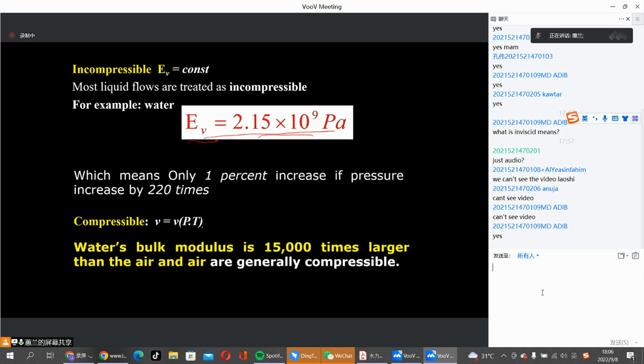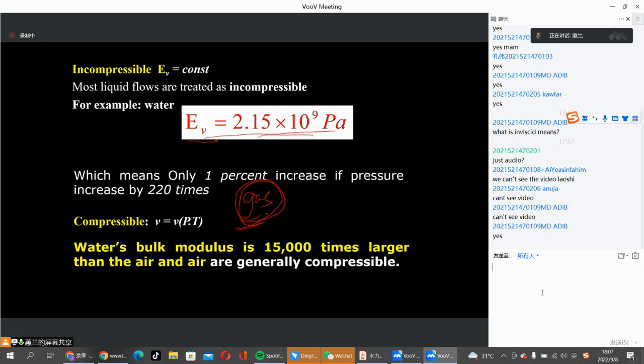Definitely, besides incompressible flow, we have compressible flow. Compressible flow means when the pressure changes, the volume easily changes. You can think about this for air, for gas. We know that when the pressure changes, the volume of the gas will easily change, right?